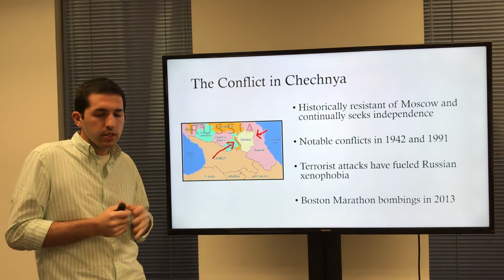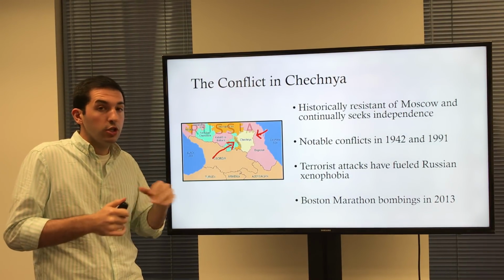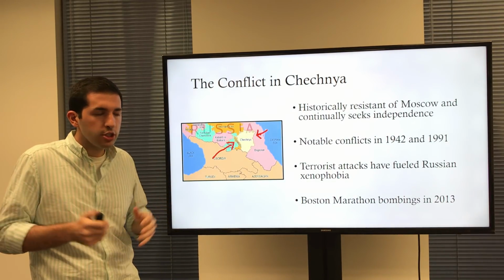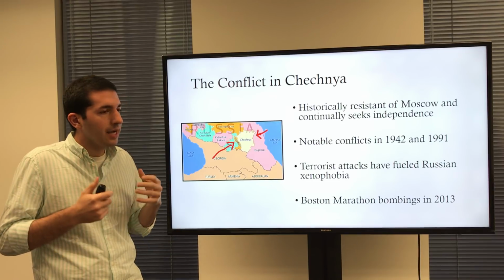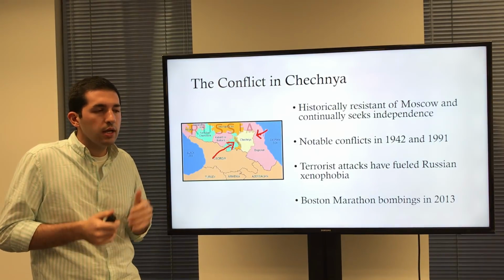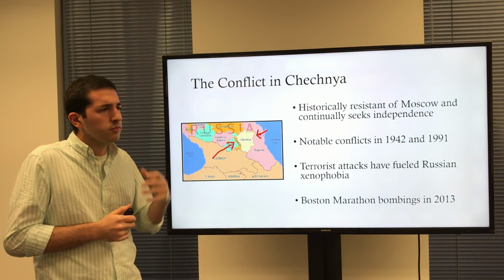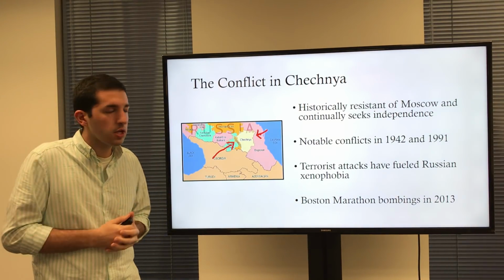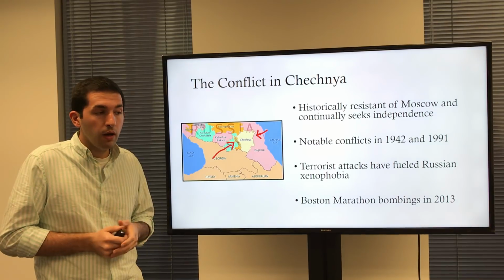Some notable conflicts would be in 1942, during World War II. The Chechens, the people of Chechnya, decide it's a good time to take on the Soviets through guerrilla warfare and try to declare their independence, while maybe catching the Soviets off guard. It doesn't go well.